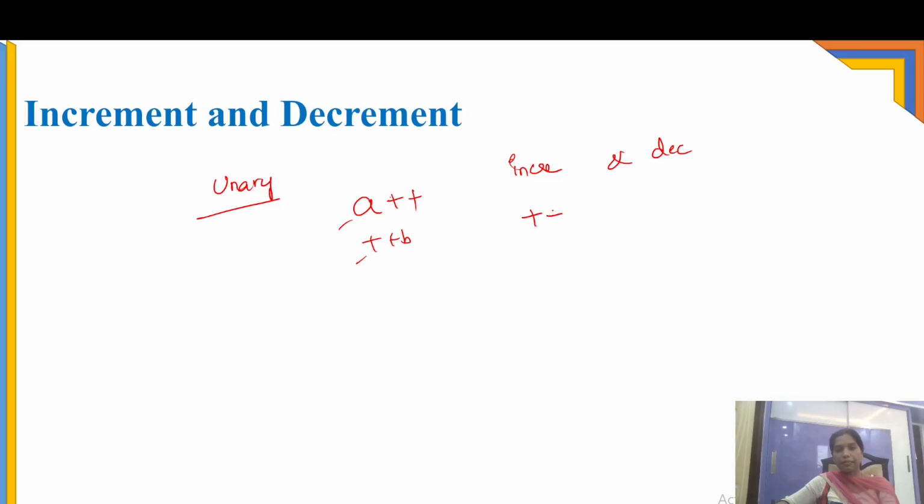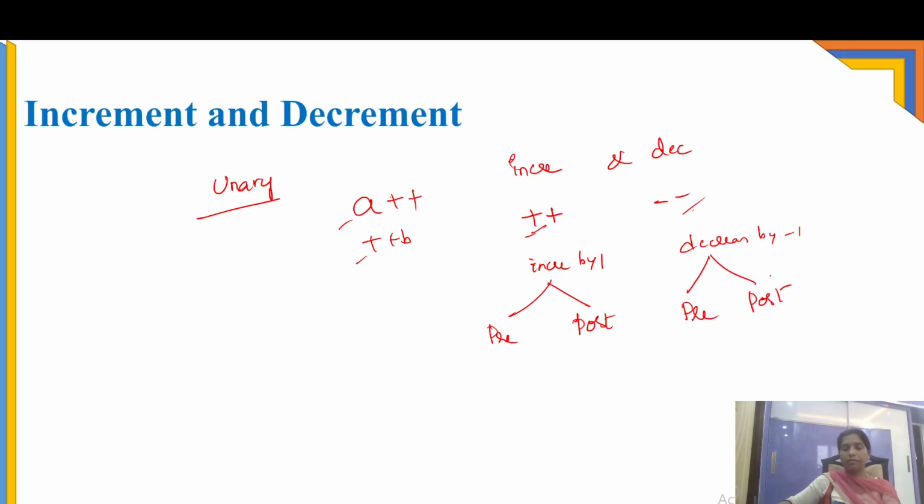Increment is plus, decrement is minus. Increment means increase by 1, decrement means decrease by 1. Under increment we have two types, pre-increment and post-increment. And for decrement also we have pre-decrement and post-decrement.